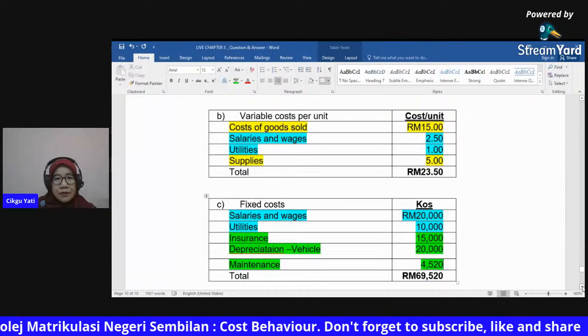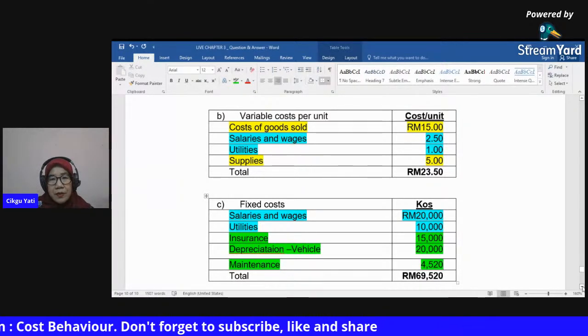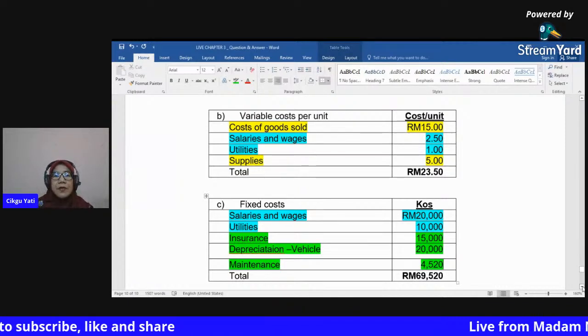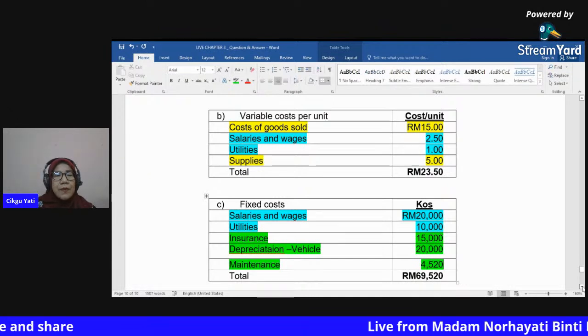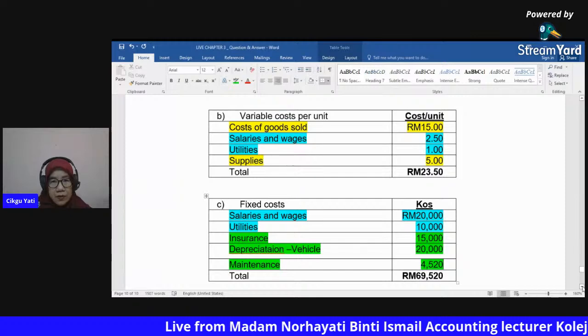You must take those two amounts. Those two items are very important. The first step, you must calculate variable cost per unit. Second step, you must calculate fixed cost. And the last one, you must form the cost function. That one is for mixed cost.